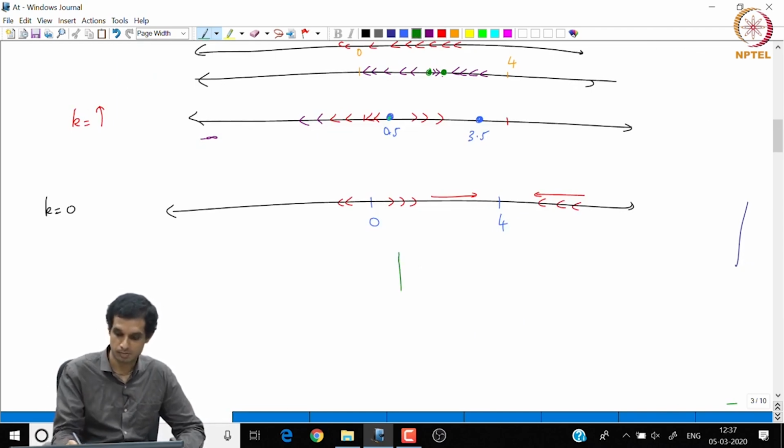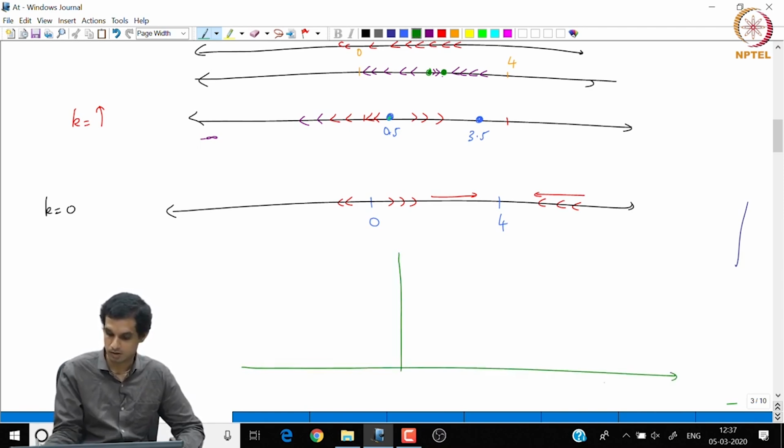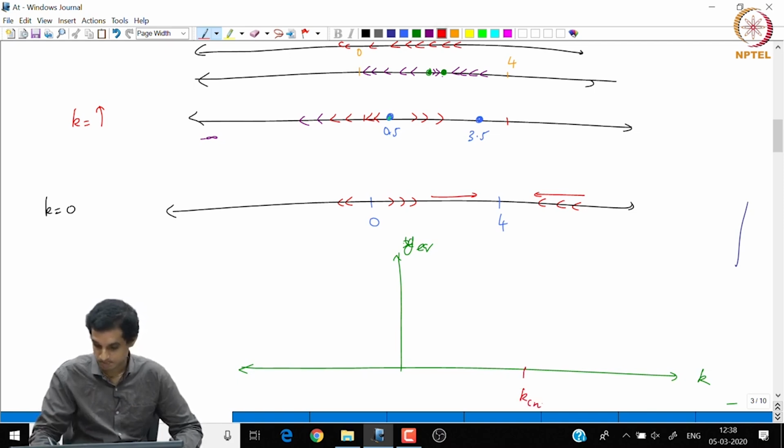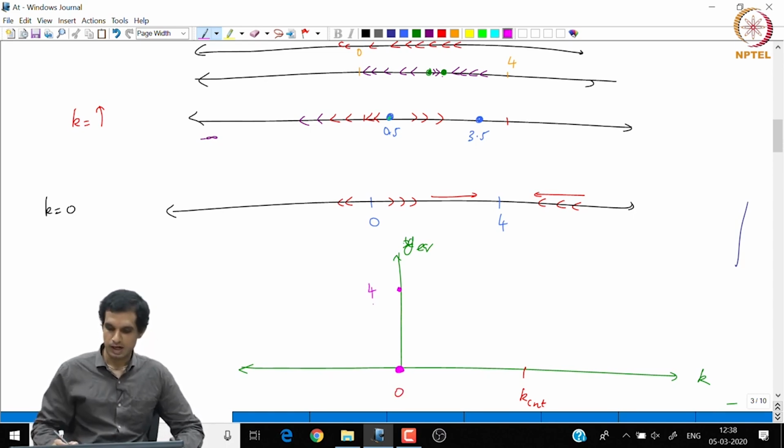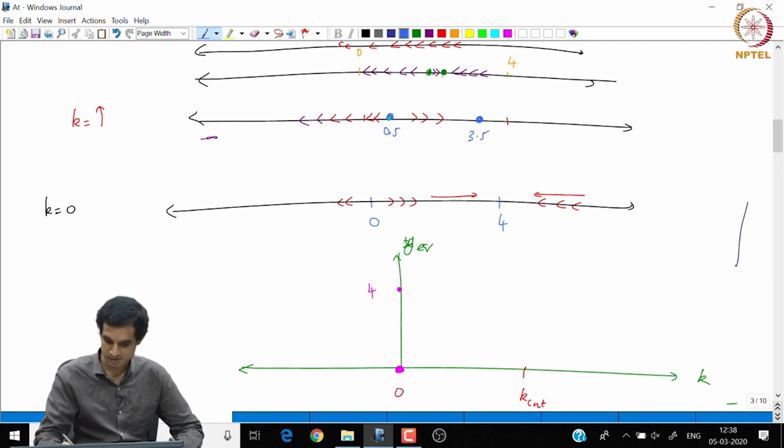If you plot the behavior, so if you plot the equilibrium, y equilibrium versus k, we see that at k equal to 0, we have one steady state at 0 and another steady state at 4. As k decreases, this was unstable, so I denoted it by a dot, and this was stable, so I denoted it by the dash.